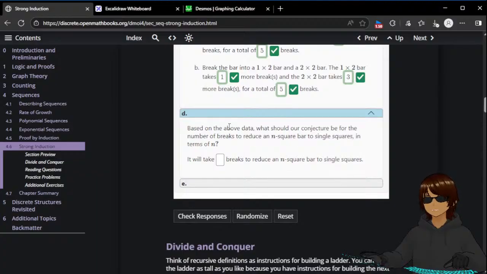Based on the above data, what should a conjecture be for the number of breaks to reduce an n square bar to a single square in terms of n? It will take this many breaks to reduce an n square bar to a single square.